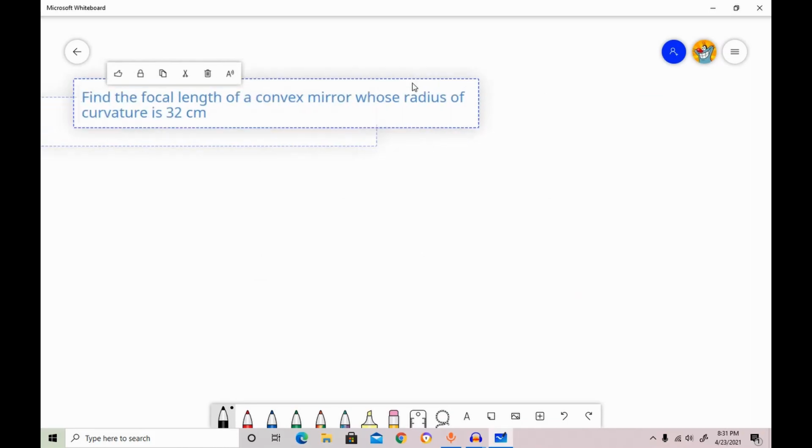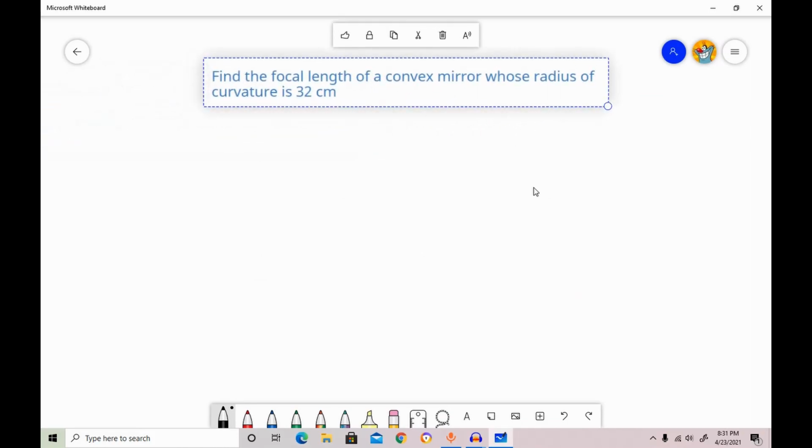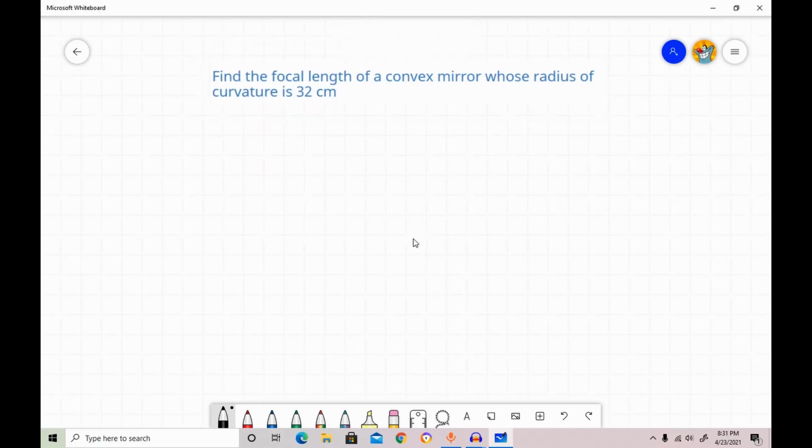So this is also a very simple one. It is taken from the NCERT question paper. You're asked to find the focal length of the convex mirror whose radius of curvature is 32 centimeter. How do you find the focal length? What data is given?